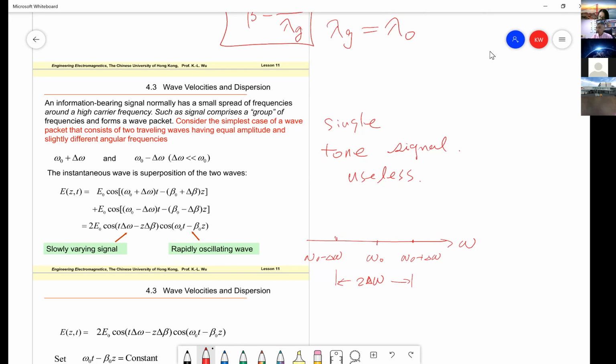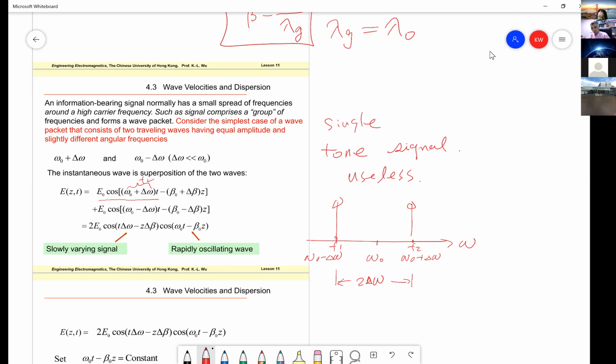So we have two tones. We send the plane wave with the two tones to see what the total signal looks like. Now we have the first signal, this is F1, and this is F2.